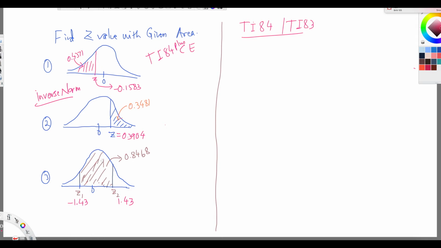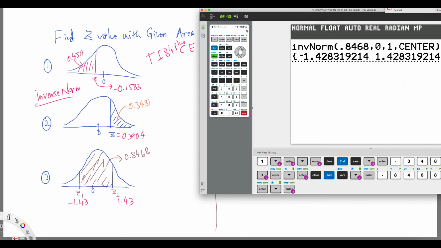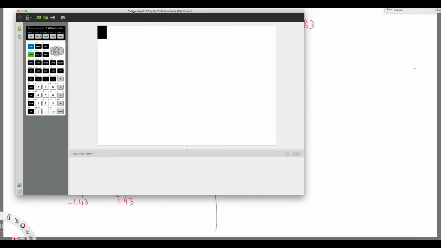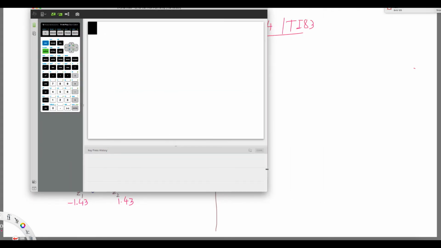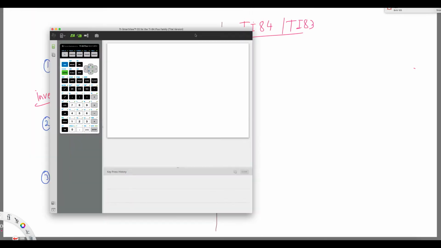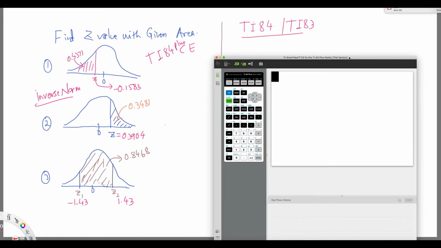So this is for the TI-84 CE calculator, but if you have a TI-83 or the other version of the TI-84, let me pick the TI-84 Plus calculator. This is what you will see in the TI-84 Plus. The TI-84 Plus or TI-83 calculator accepts only the area to the left.